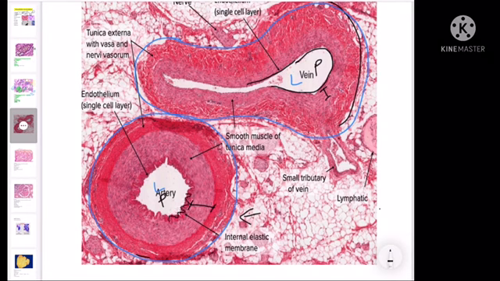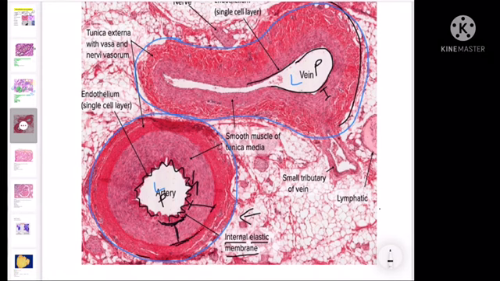This one is the endothelial lining of the artery. Between this layer and the endothelial cell, this gap is the tunica intima, and the outer layer to the intima is the internal elastic membrane. After the internal elastic membrane starts a smooth muscle layer.